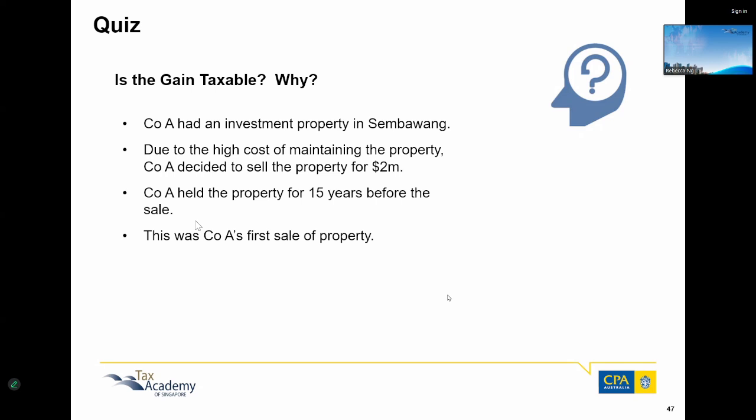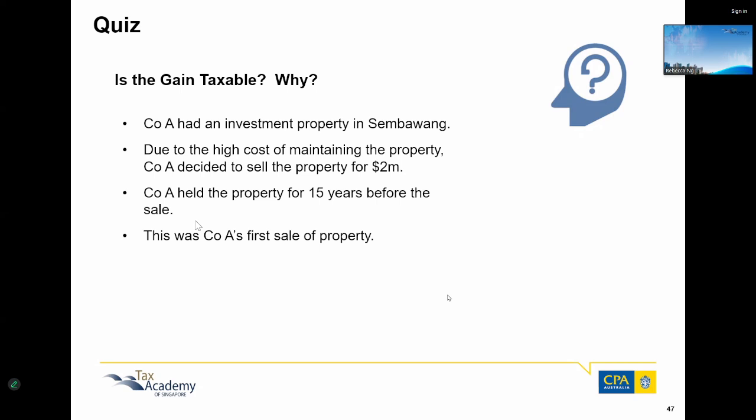So again, the taxability of the gain on the disposal of the investment depends on whether the gain is a capital gain or revenue gain. The gain is taxable if it is revenue in nature, and if it is capital in nature, it is not taxable. So we will apply the badges of trade, and let's look at the subject matter.